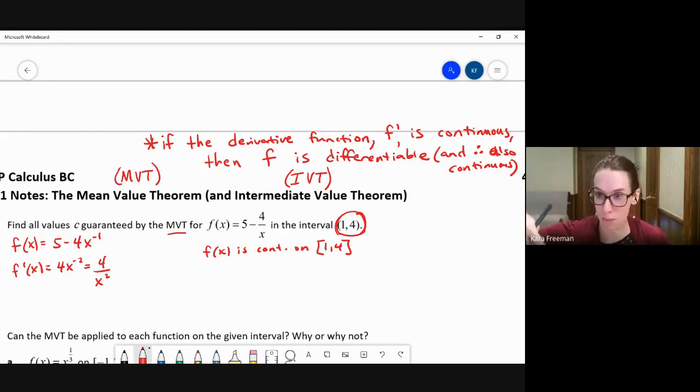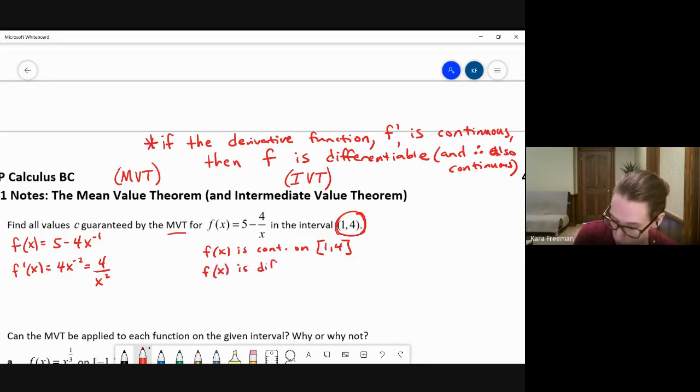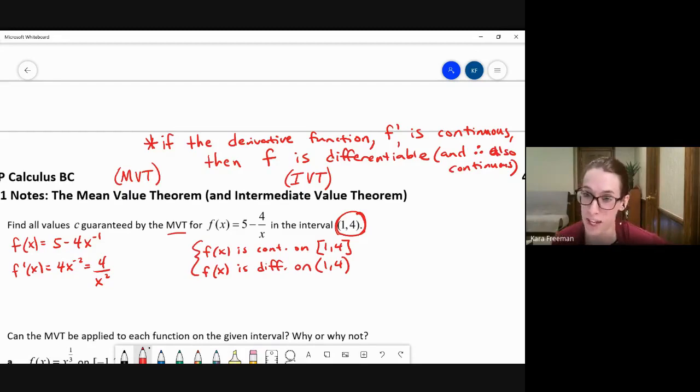Is f prime continuous from 1 to 4? Yes. It also only has the discontinuity at 0. So what I want to state is that f of x is differentiable on the open interval from 1 to 4. You've got to make those two statements. If you do not make those two statements, you will automatically lose a point for justification.